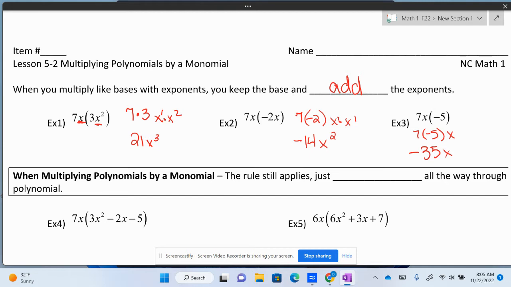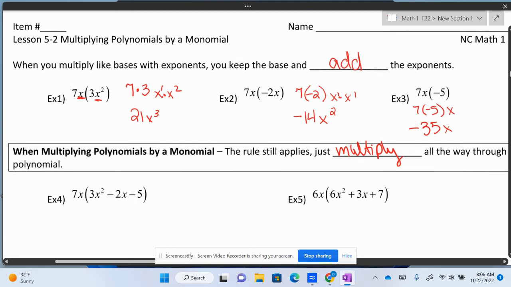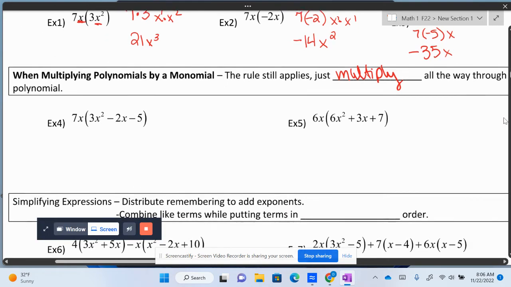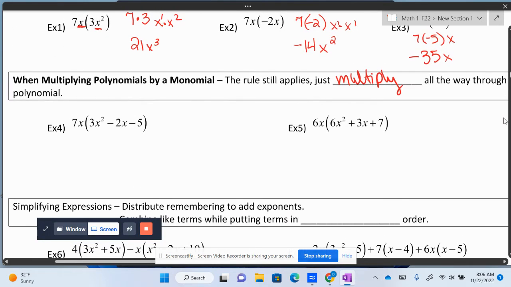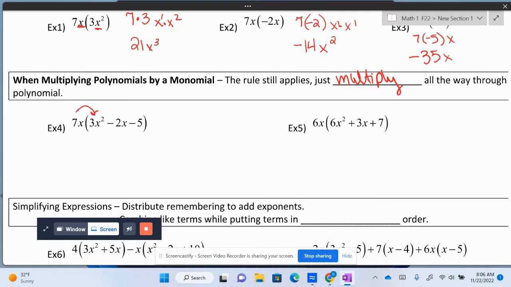Okay. When multiplying polynomials by a monomial, the rule still applies. You're just multiplying all the way through. So for example number 4, I'm going to draw little arrows here so you can see what's happening.